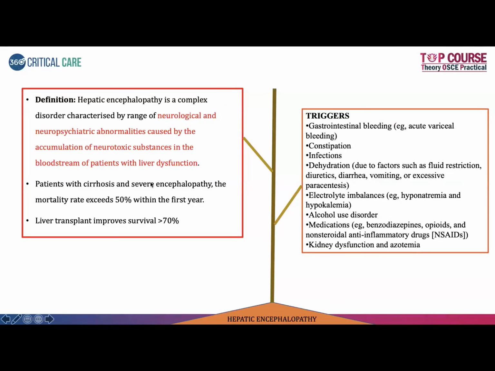So albumin and extracorporeal albumin dialysis. How does albumin help? Albumin acts as a plasma volume expander. It has anti-inflammatory properties. It has the ability to bind to many toxic substances like bile acids, reactive oxygen species, and nitrates, and it can act as an antioxidant also.